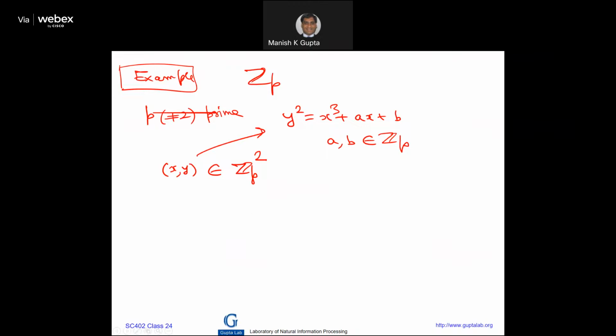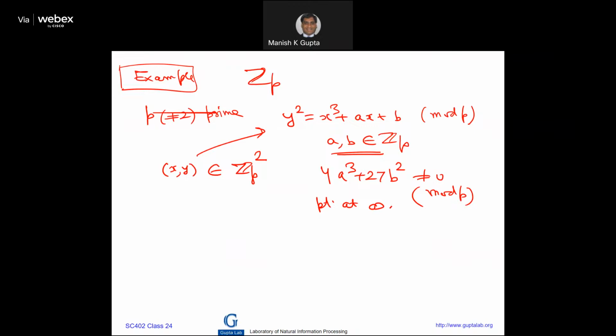So basically we say that this is modulo P. Now A and B are in ZP with certain conditions: 4a cube plus 27b square is not equal to 0 mod P. Remember, this is the discriminant, and this should be not equal to 0. And we have also a point at infinity.